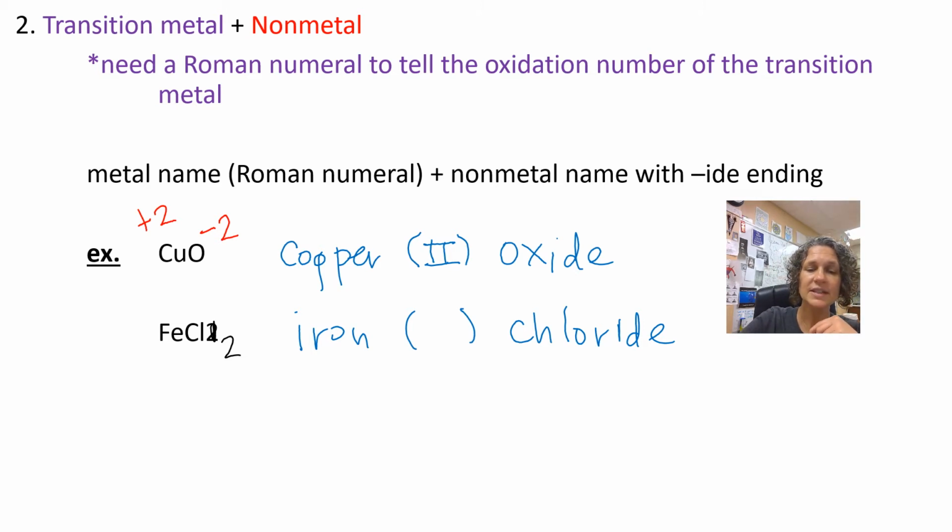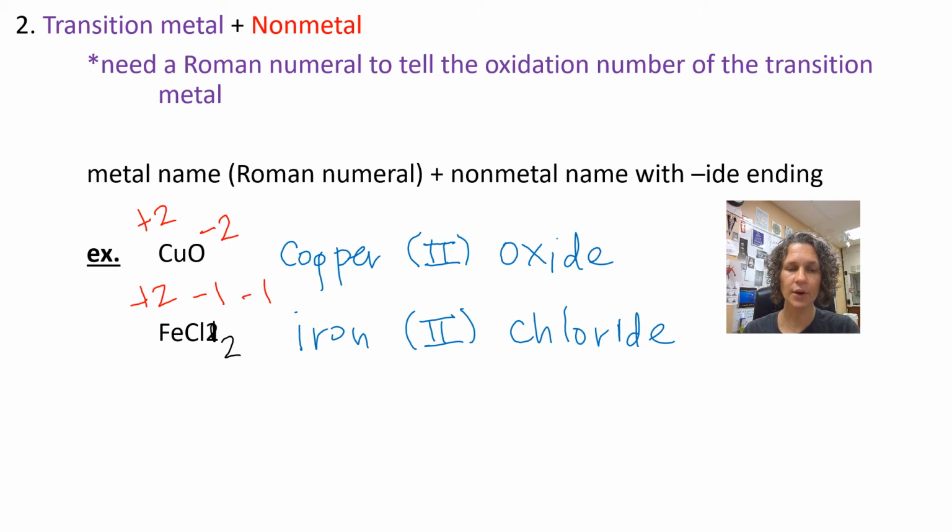But I do know that Cl individually there is a -1, but I have 2 of them. So that again is like saying -1, -1. So what does iron have to be in order to make that equal 0? I just have one iron that doesn't have any subscripts with it. So it will have to also be a +2 like the Cu was in our other example. So now +2 -1 -1 equals my 0. And so I have another Roman numeral 2.